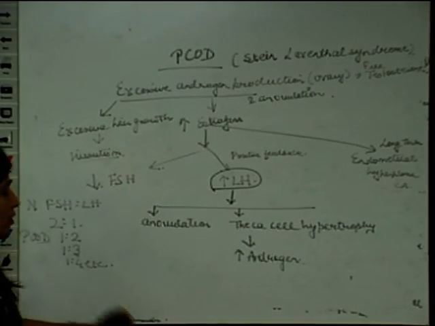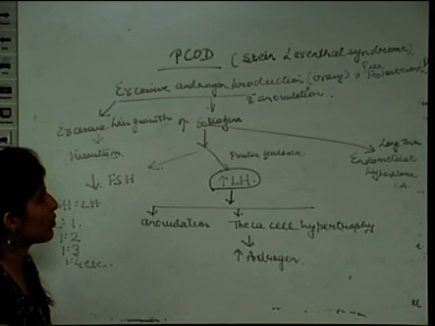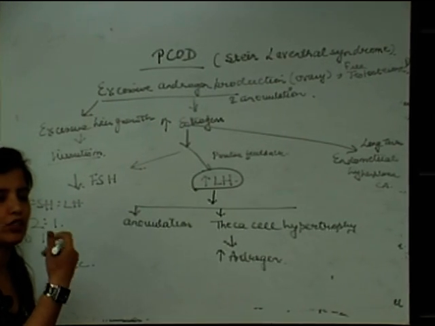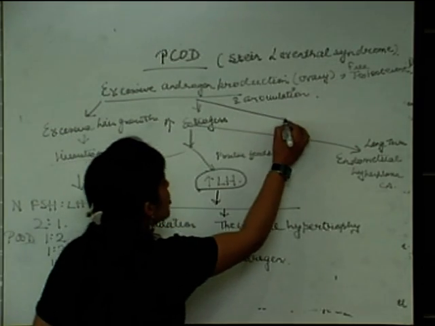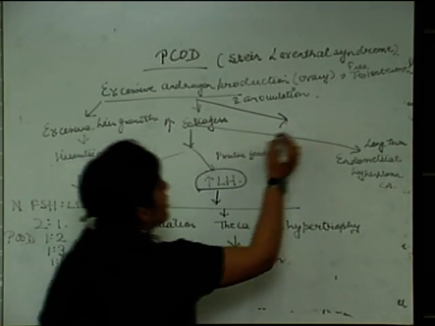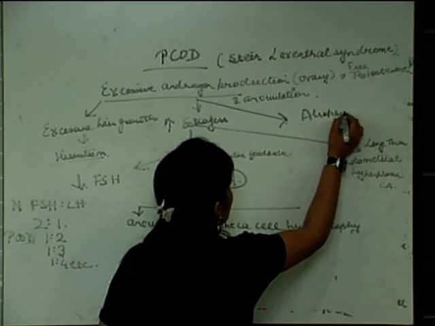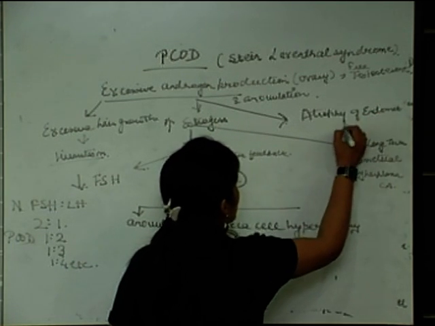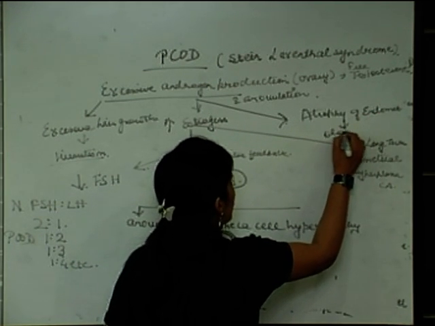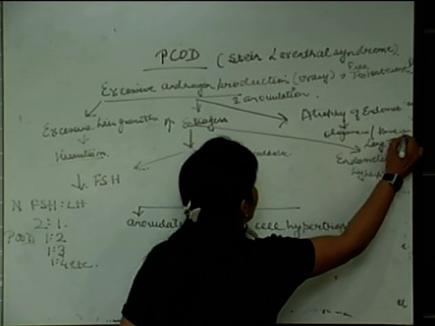Now, another problem. Here I told you, because there is excessive androgen production, the levels of estrogen are increased. Another problem due to excessive androgen production is that there is atrophy of the endometrium. Because there is atrophy of the endometrium, the patient will complain of oligomenorrhea or amenorrhea.